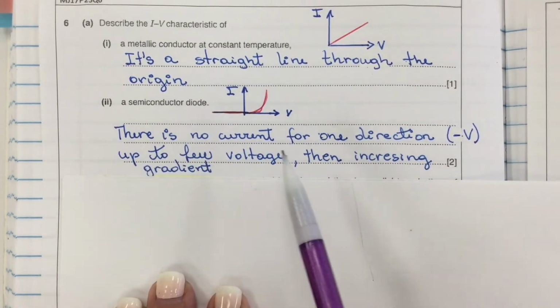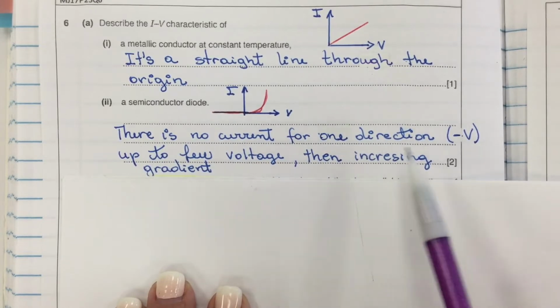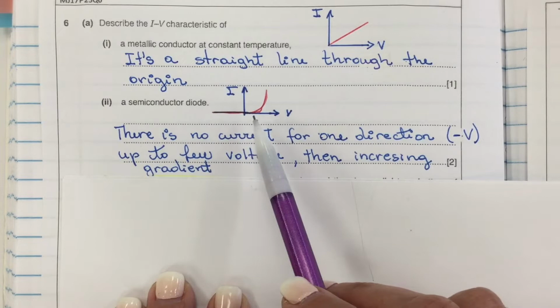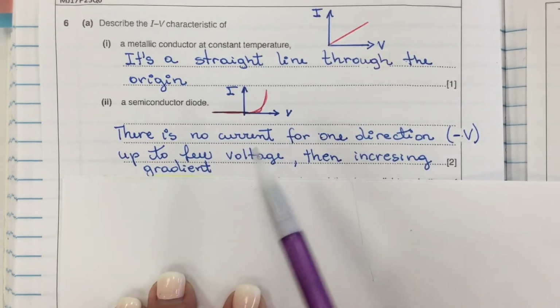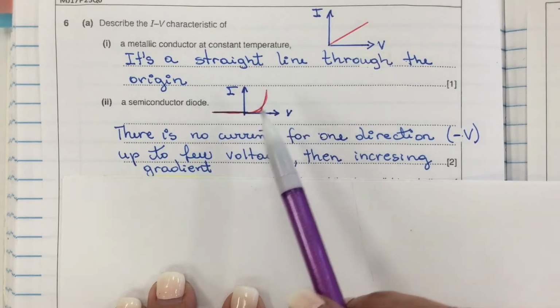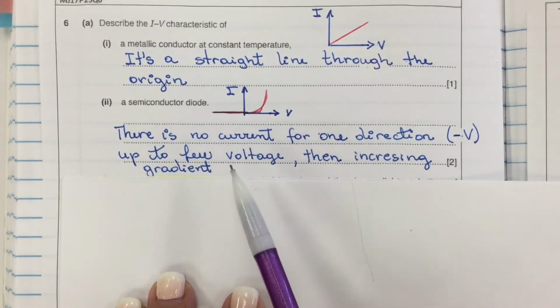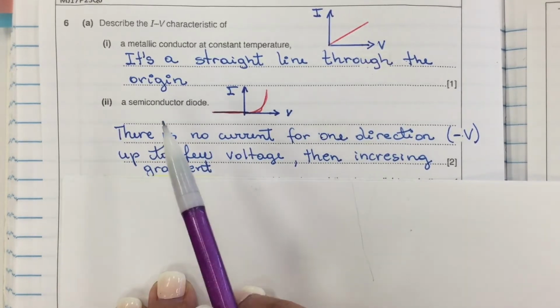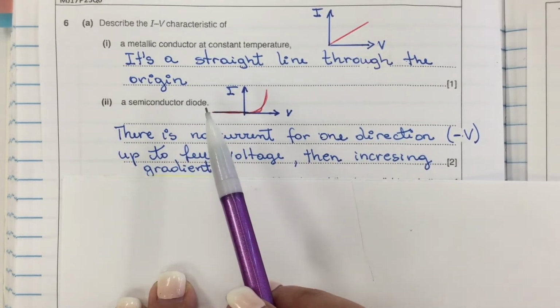So there is no current for one direction. In this negative direction, there is no current up to a few volts, then increasing gradient. So that is the description of a semiconductor diode for your test.